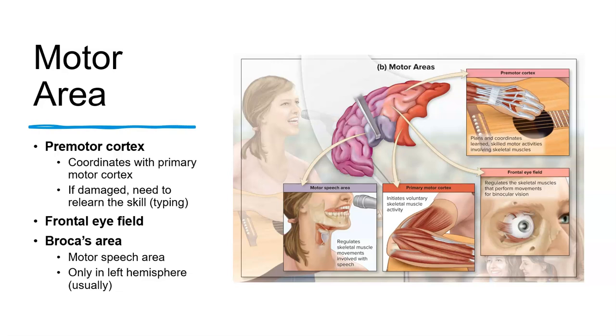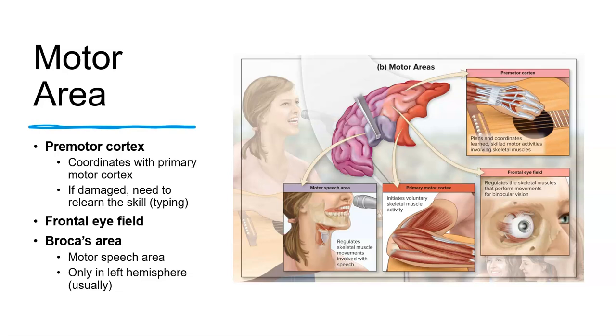The premotor cortex coordinates with the primary motor cortex, and it's responsible for coordinated movements. Skilled motor activities like moving your eyes when you're reading a book, or playing the guitar, or driving your car, riding a bicycle. If you sustain injury to that area, you'd still be able to understand words when you look at a book.